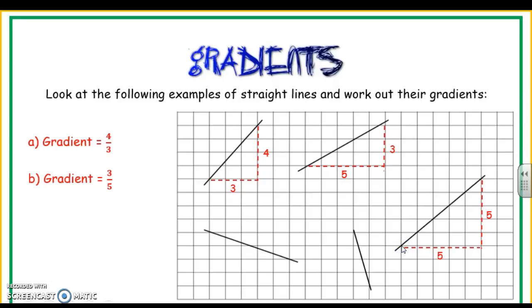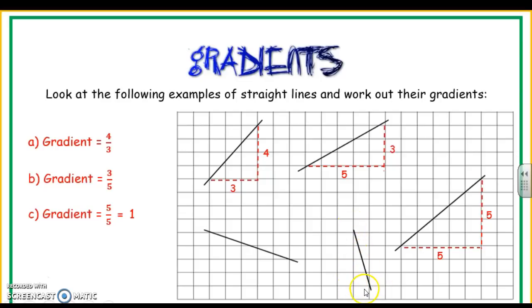Again, it's going to simplify, and it's going to give me a gradient of 1. Okay, and again, remember you want to go up and then over so that you're thinking this is moving more positive on the x-axis.